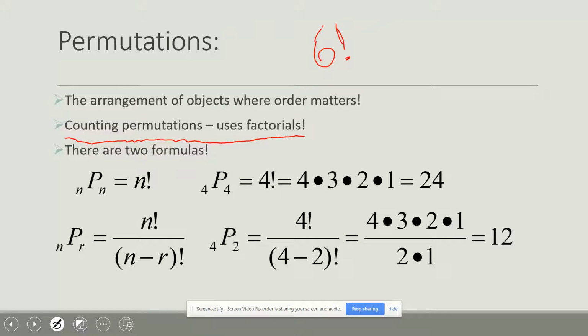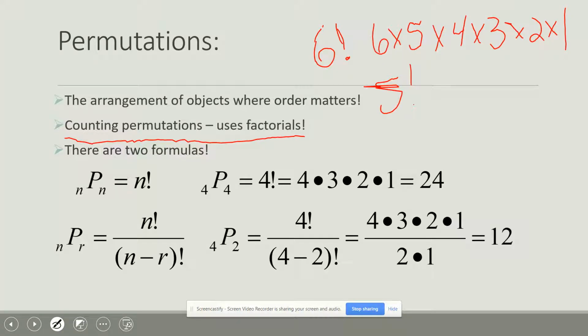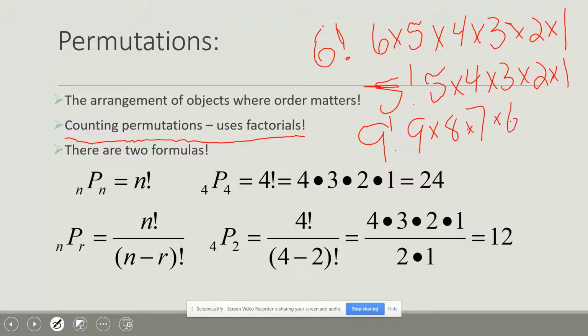But 6 factorial means I'm going to do 6 times 5 times 4 times 3 times 2 times 1. So 5 factorial would be 5 times 4 times 3 times 2 times 1. 9 factorial would be 9 times 8 times 7 times 6 times 5 times 4 times 3 times 2 times 1.